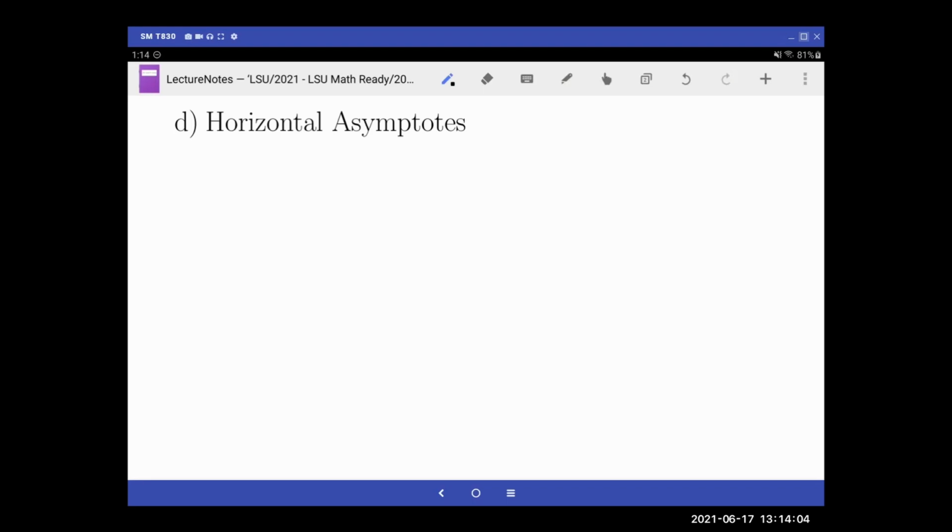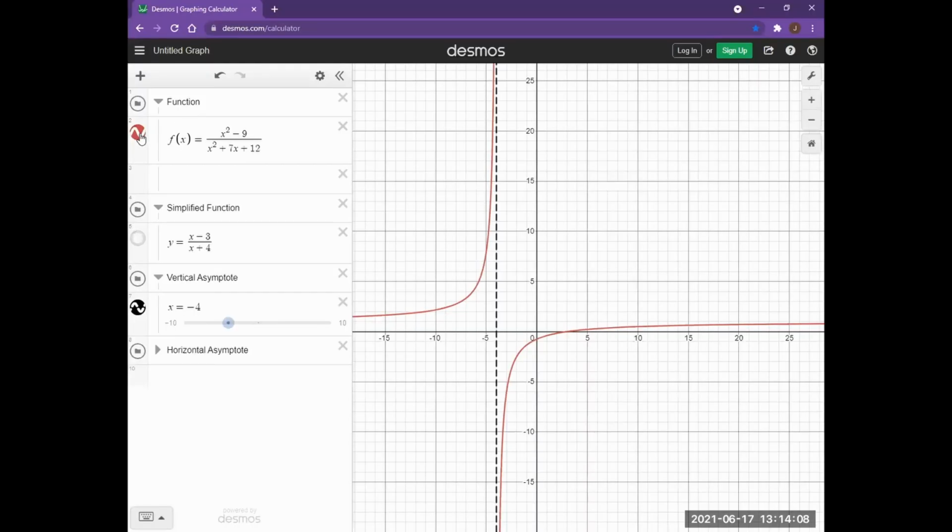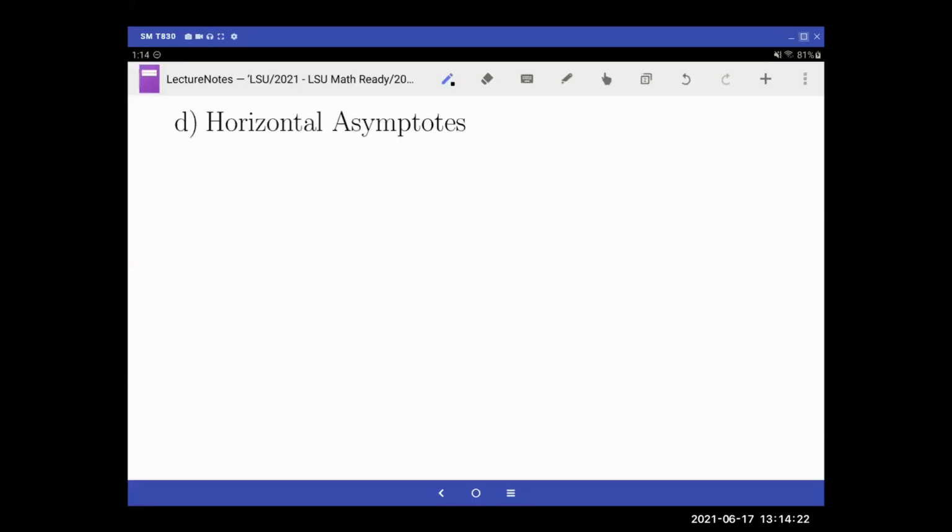And remember, since the two graphs are the same, whether you deal with the original function or the simplified function, it doesn't matter which one you use. Go with the easier one. So x minus 3, x plus 4. Doesn't matter, but we're going to use that one. All right, so for horizontal asymptotes, remember these three rules.